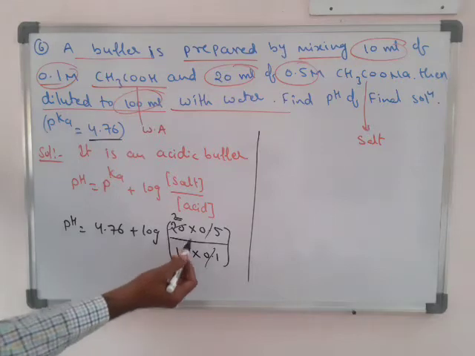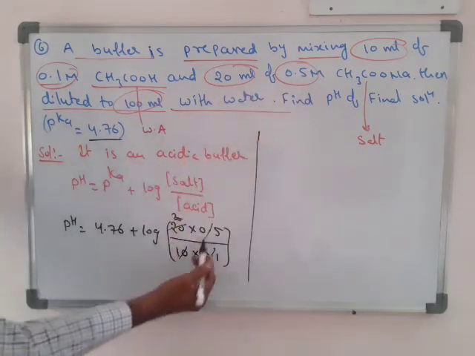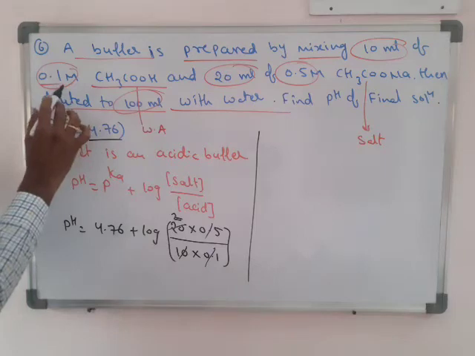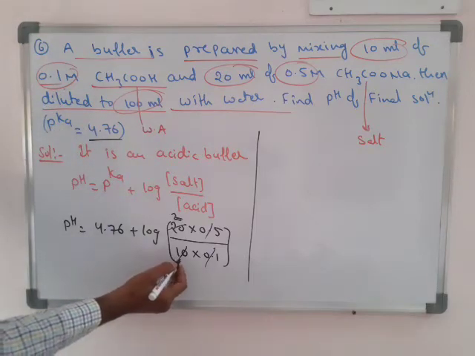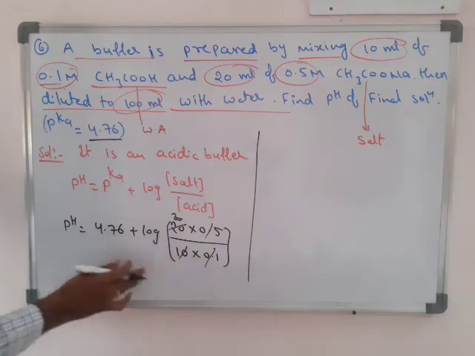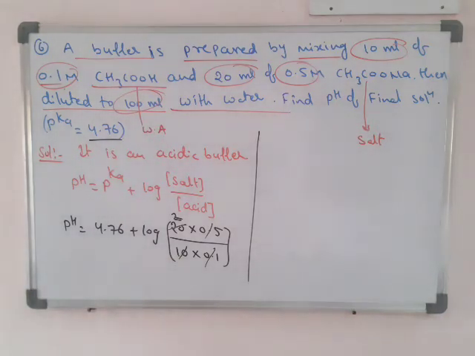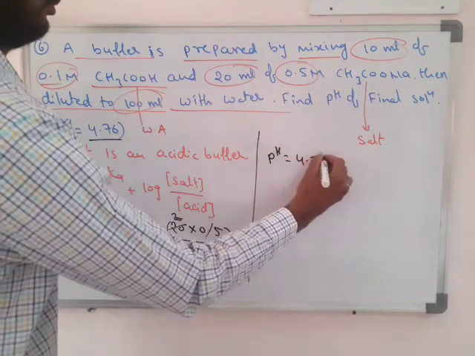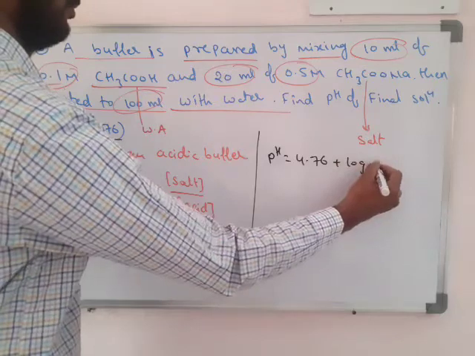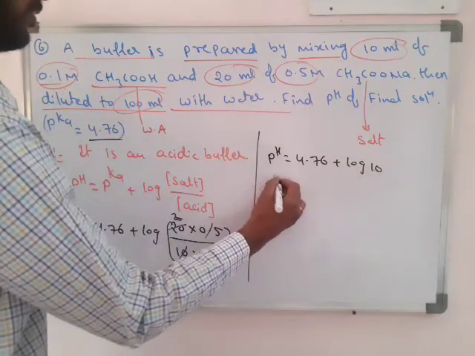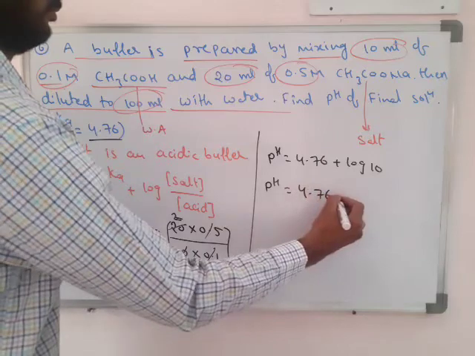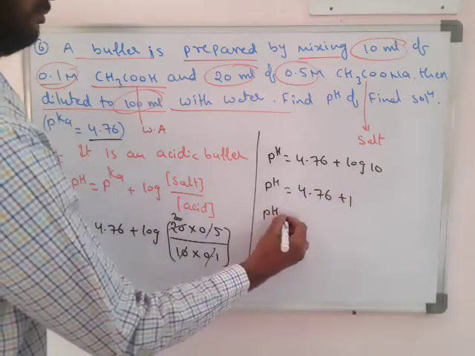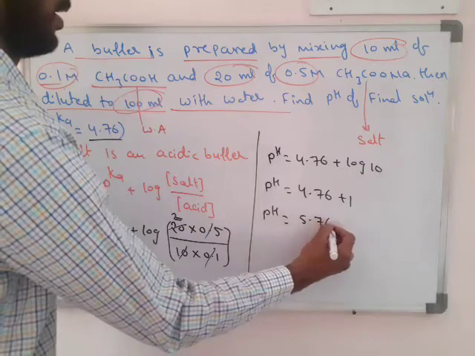Already given how much the salt concentration? 0.5 into 20. Okay, 0.1 into 10. So here we will get the value 5.76. Yes, finally we got the pH equal to. We know the log 10 is equal to 1, so 4.76 plus 1.